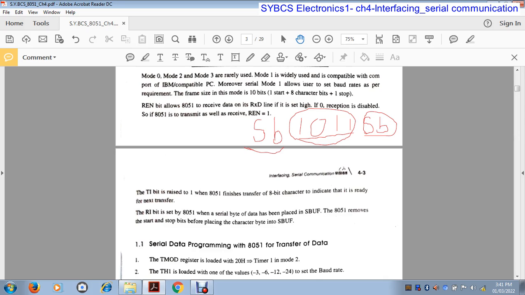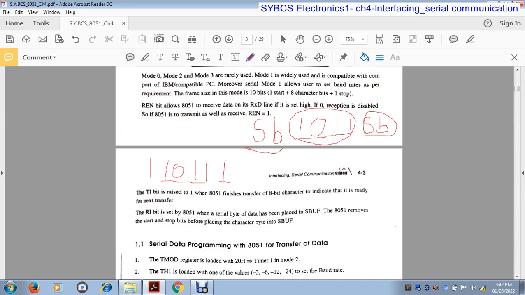Okay, so if we consider the information 1 1 0 1 1 1, out of this information these 4 bits are the data bits. That means these 4 bits represent information. This first one is the start bit. This is not data or information.